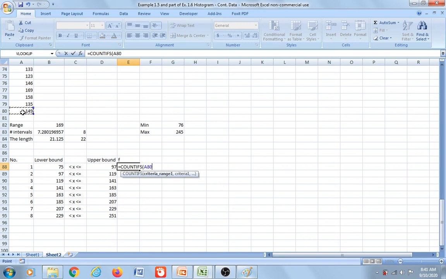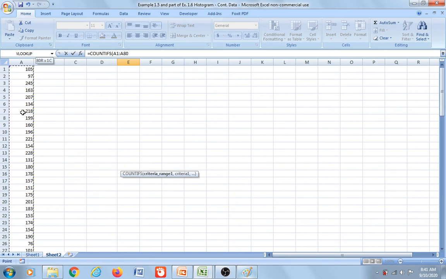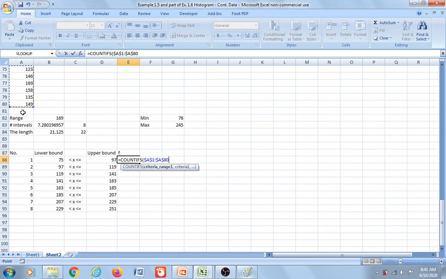This is the range of the observations. We need to lock it because I'm gonna copy it down. Then the criteria: what is the first criteria? X must be bigger than 75. So I'm gonna put a quote sign, bigger than, and then 75.